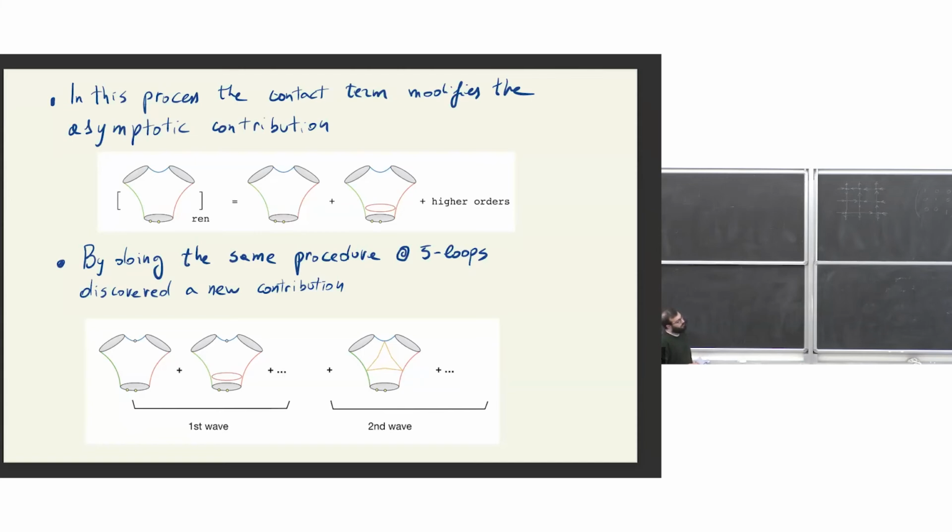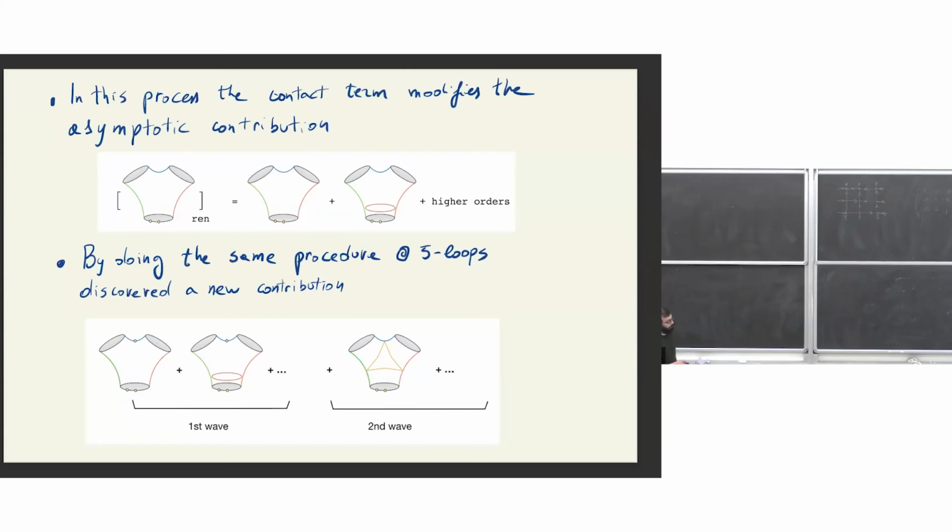So this will renormalize this, while this object, since I have one insertion here, will renormalize this hexagon.